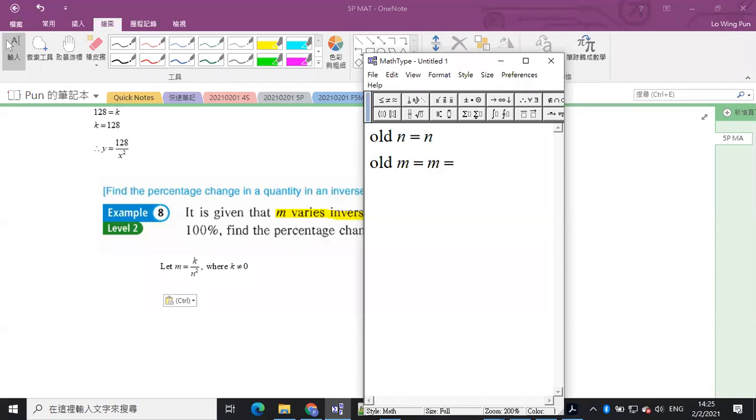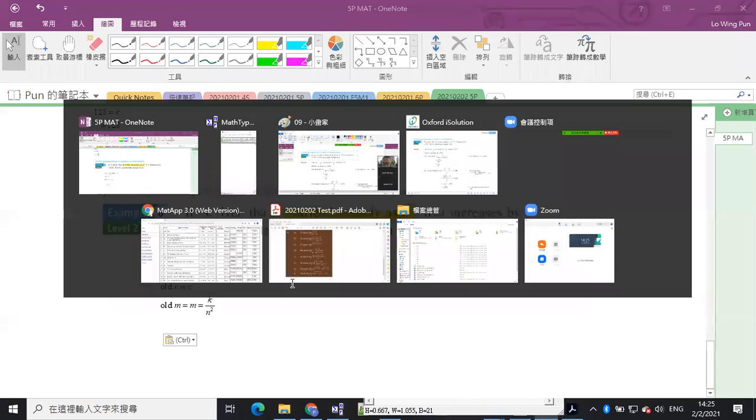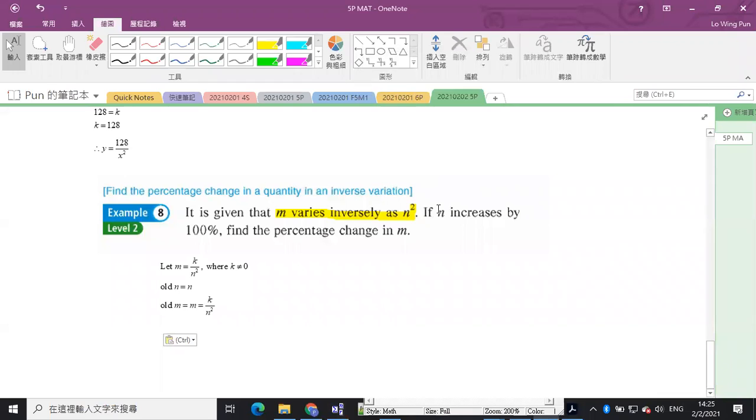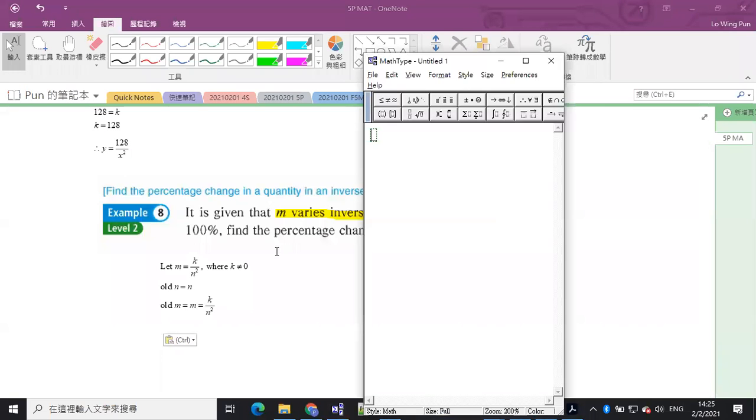But the old m will be expressed as k over n squared. This is always like this, and then you just see which one starts the change. In this question, n increases by 100%. So n starts the change, and we find the new n first.